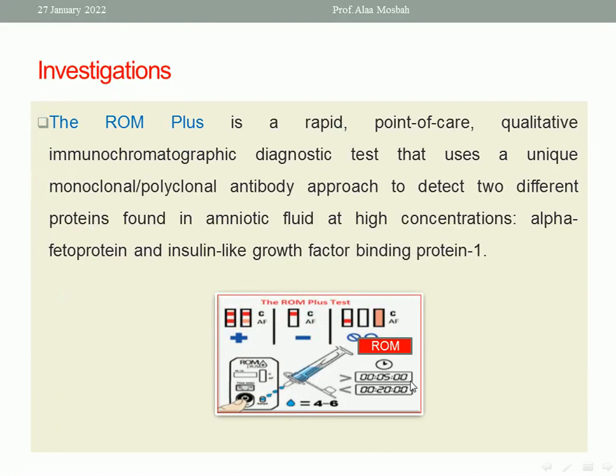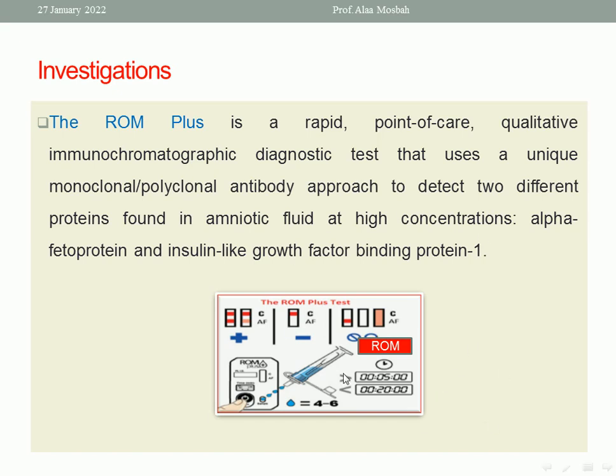Another test is called ROM plus. This is to detect two types of protein found in amniotic fluid: alpha fetoprotein and the insulin-like growth factor binding protein 1, using a unique monoclonal and polyclonal antibody approach.